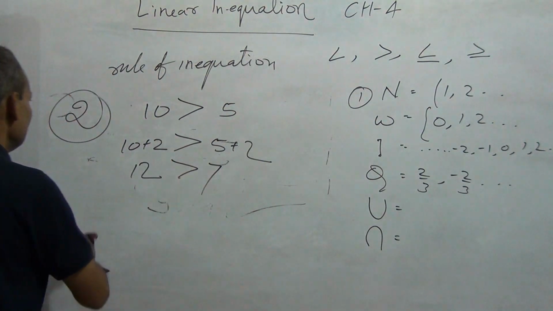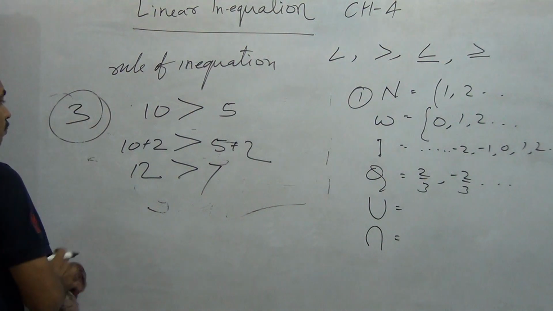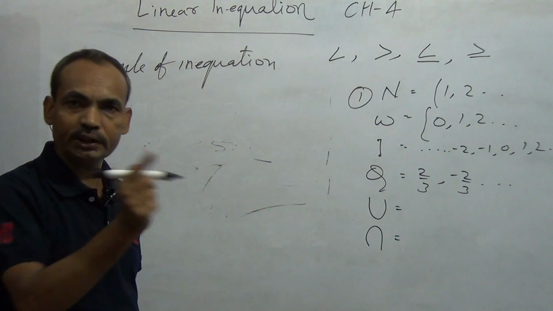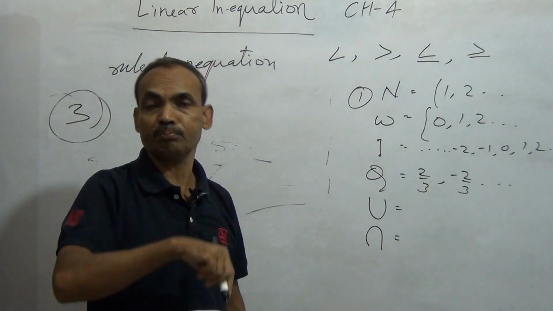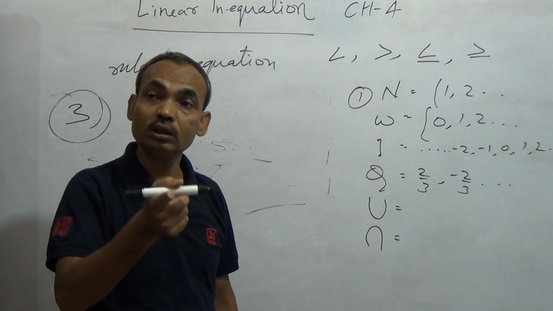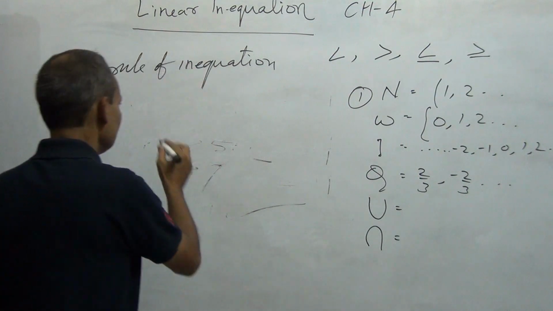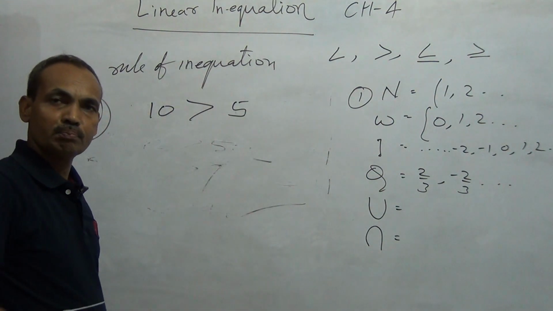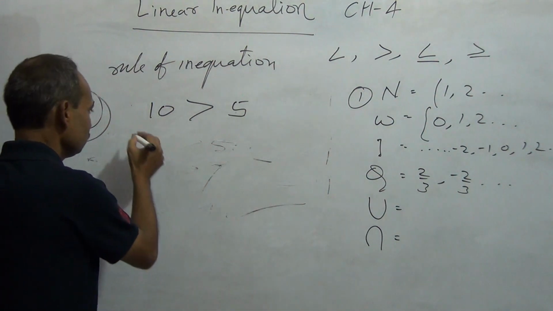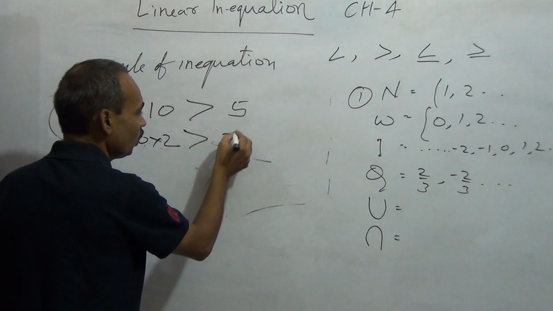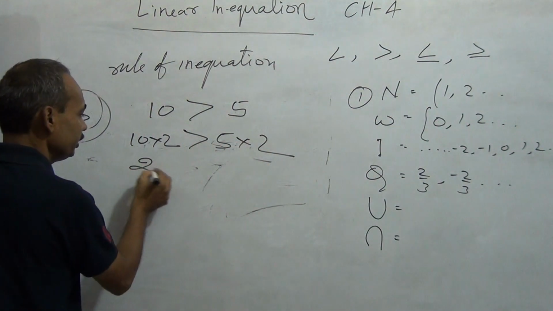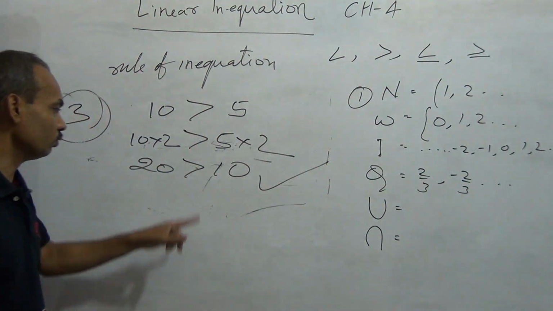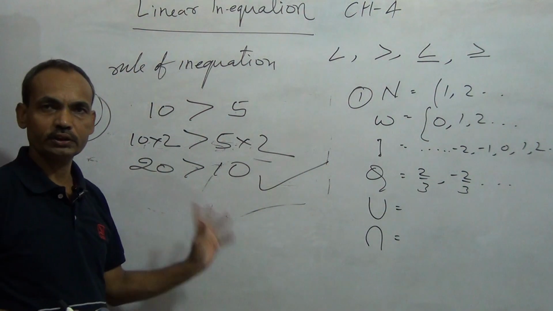And third rule: multiplying or dividing by any positive number, the sign of inequality also does not change. Let 10 is greater than 5. Multiply both sides by 2: 10 into 2 is 20, 5 into 2 is 10, and the sign is also the same, no change.